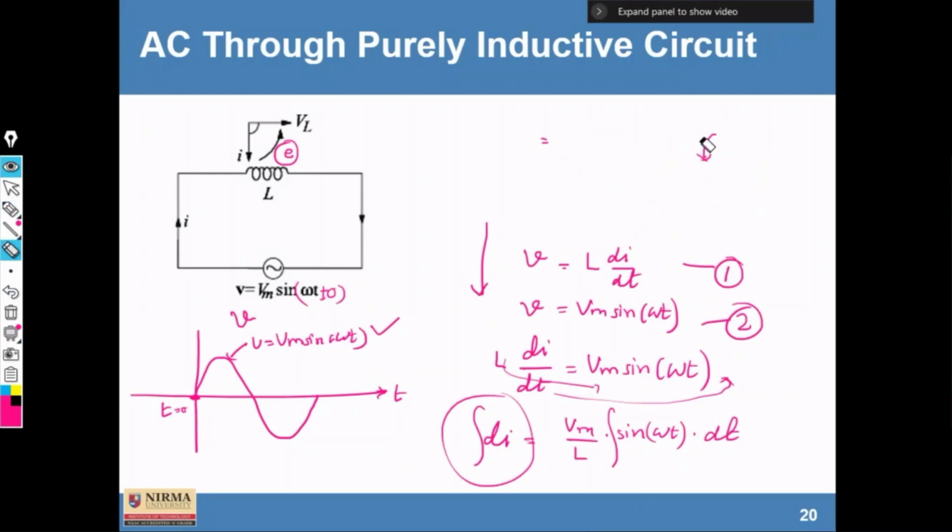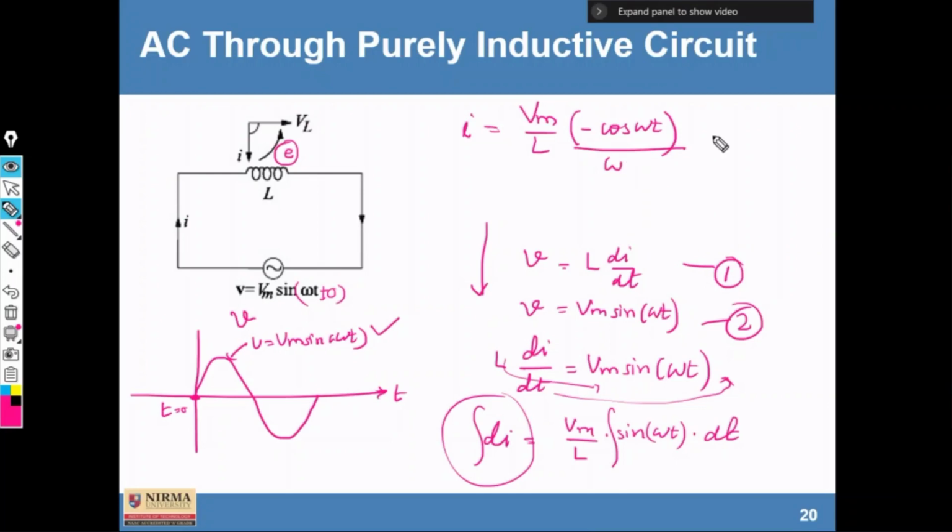So what is the equation now? The equation becomes I is equal to Vm upon L sin omega t, and the integration of sin omega t is minus cos omega t upon omega.